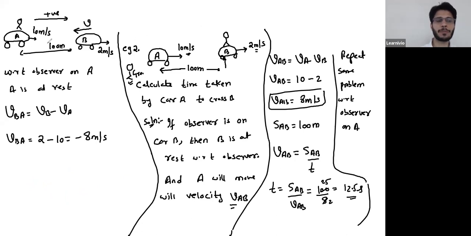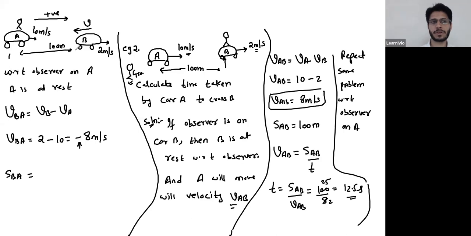This is what is happening here. When you place your observer here, this car comes at rest with respect to this observer. So he will observe that B is actually moving in the opposite direction, which is given by this negative sign. Next, we have to calculate the displacement of B with respect to A. To cross A, will B move to the right hand side or to the left hand side? Left.